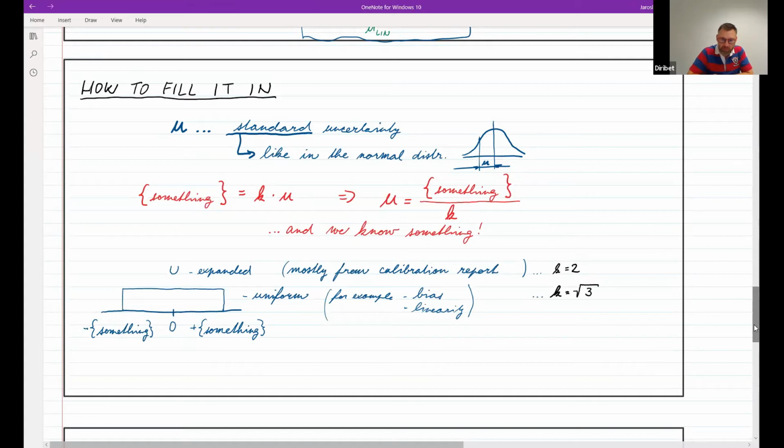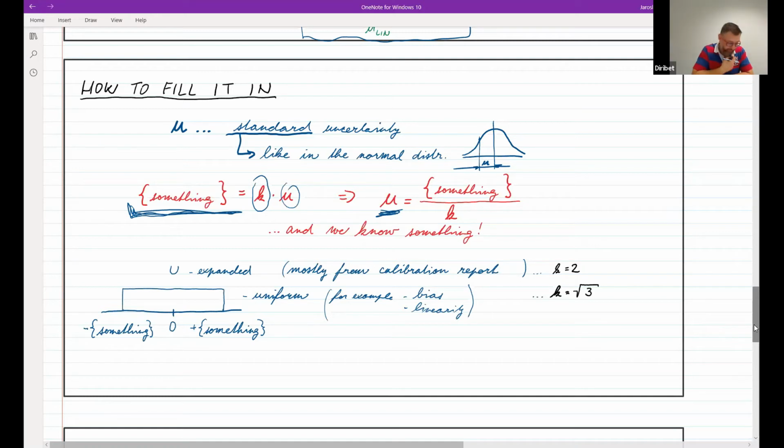We have some other representation, and we treat it as such. We know something, and we assume that this something actually is a multiple of some constant, k, and the uncertainty that we need. So if we need to take the uncertainty out, we just divide the something that we know by k.